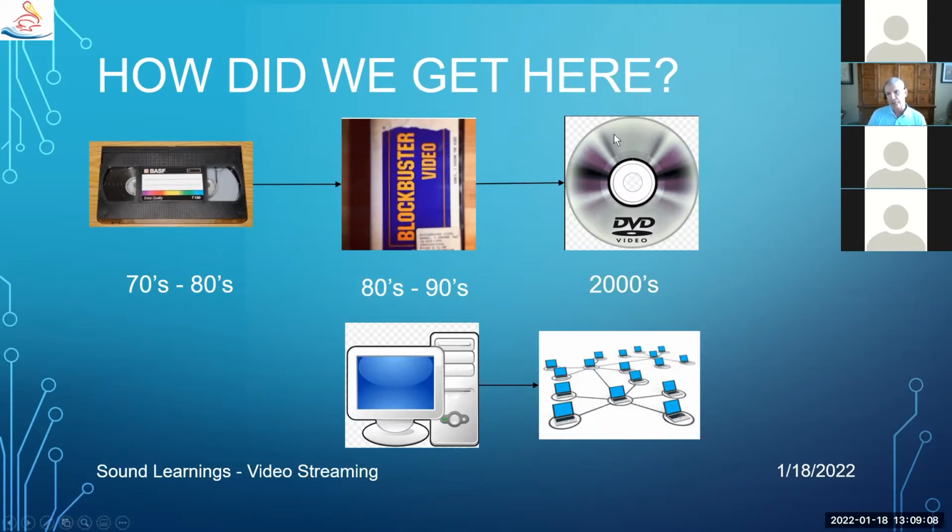So now I could send digital audio and digital video across the internet from some provider to a customer. That's how we got to the point where we were able to view videos on the internet, not on a TV.